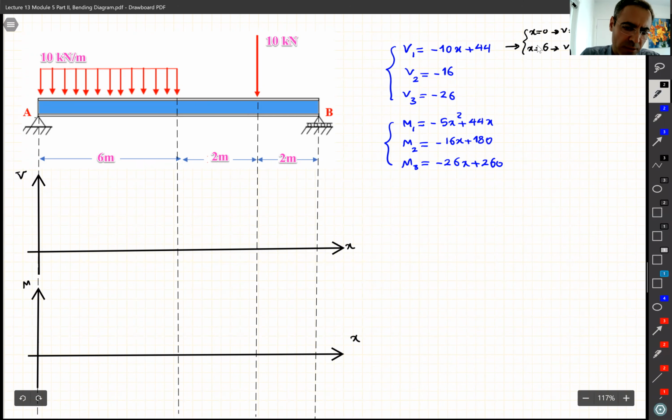So I just put 2 points, x equals 0 and x equals 6 for this boundary. When x is 0, V is 44. Let's say this point is 44.